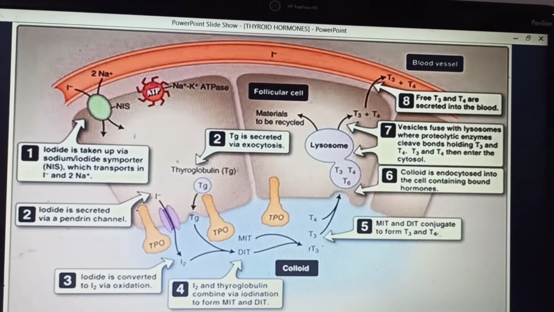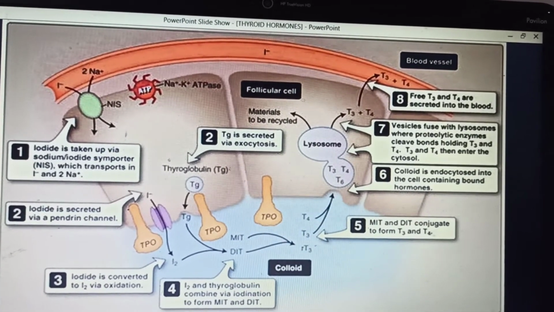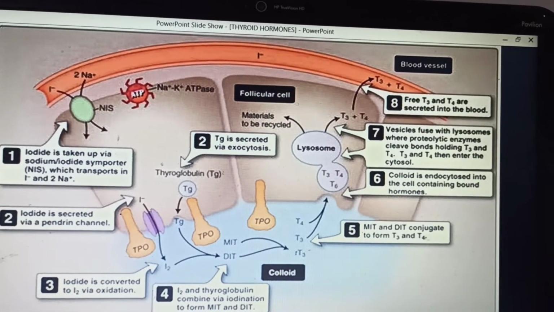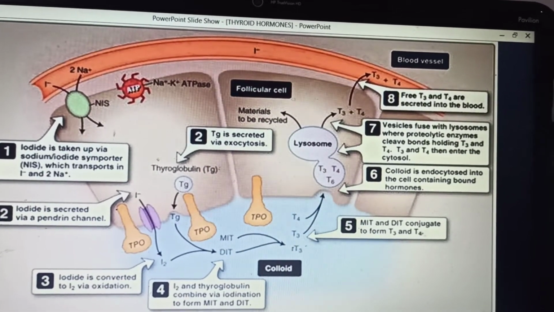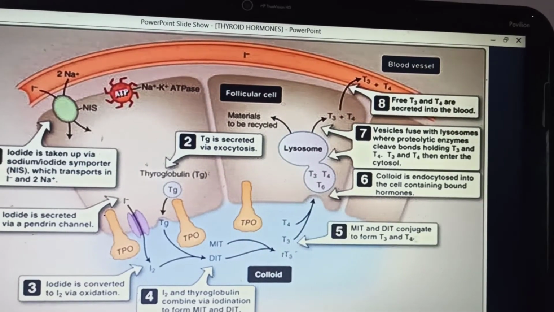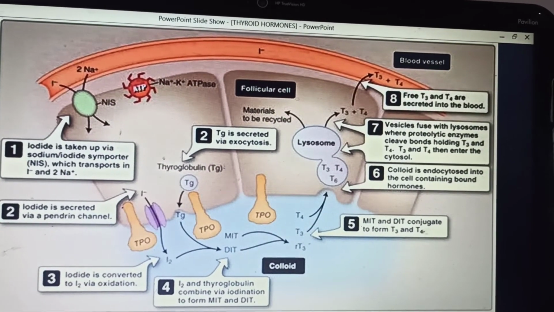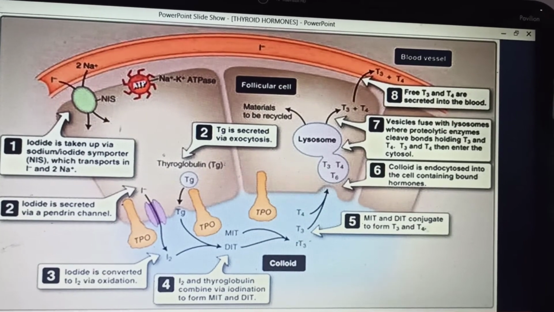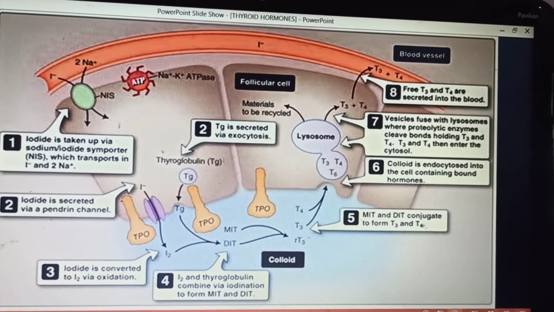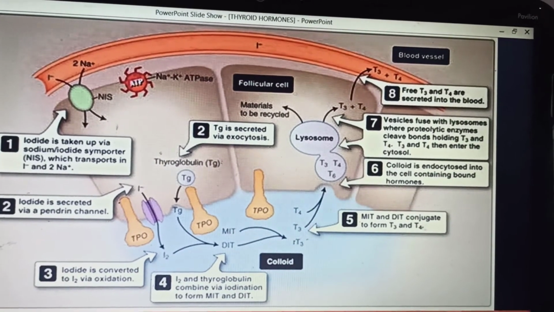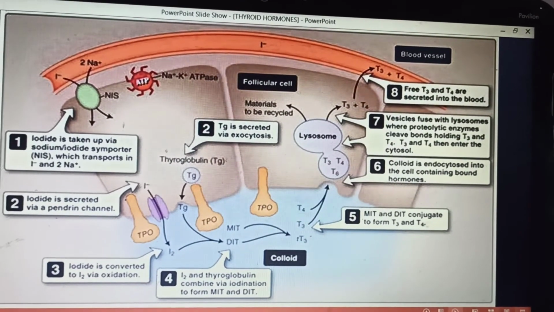After iodination and organification, there is coupling. Fifth step, coupling of the MIT and DIT to form the T3 and T4. So the hormones are synthesized and they remain in the bound form in the thyroglobulin molecule of the colloid of the follicular cells.